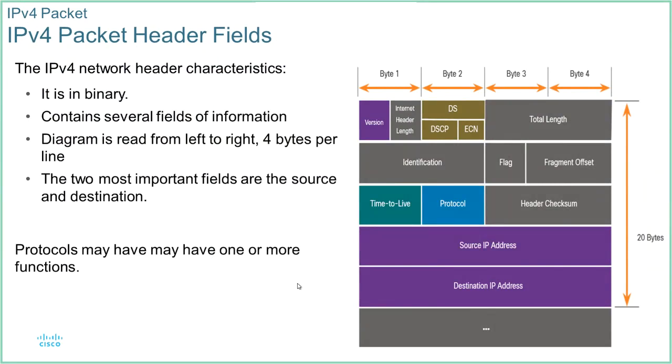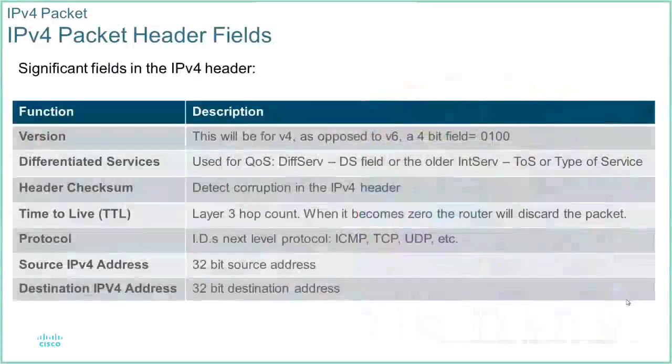The others are kind of optional, and if they're not being used, they're padded out to give you 20 bytes of header. So the bitfield 0100, strangely enough, equals 4 in binary, doesn't it?